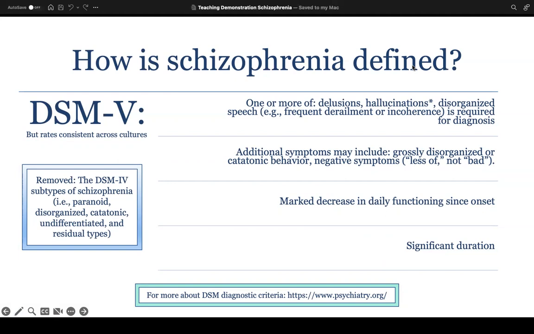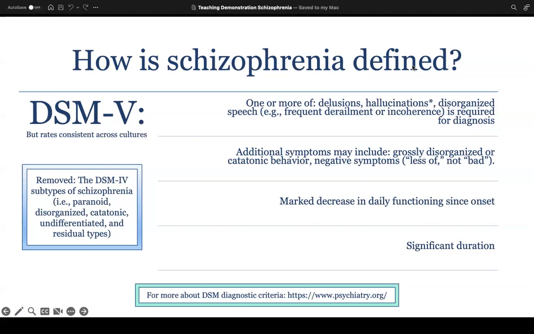There's a little star by hallucinations there because there are some modifiers around this. If your hallucinations involve more than one voice talking to each other, for example, you don't need any other symptoms to meet criteria.